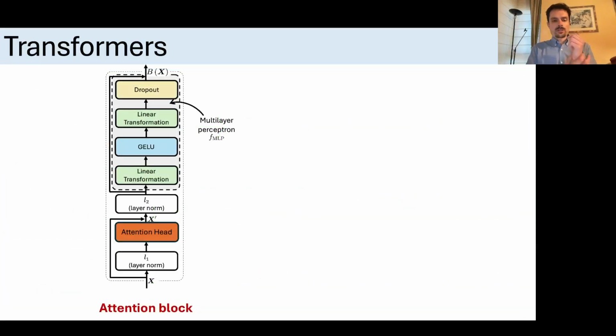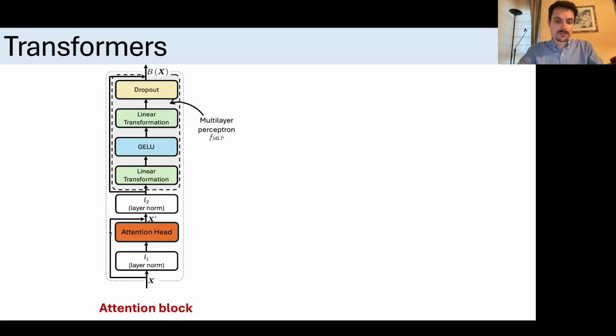So now that we know what an attention head is, we can construct what is referred to as an attention block. An attention block is essentially an attention head with more elements around. So we typically have layer normalization steps.